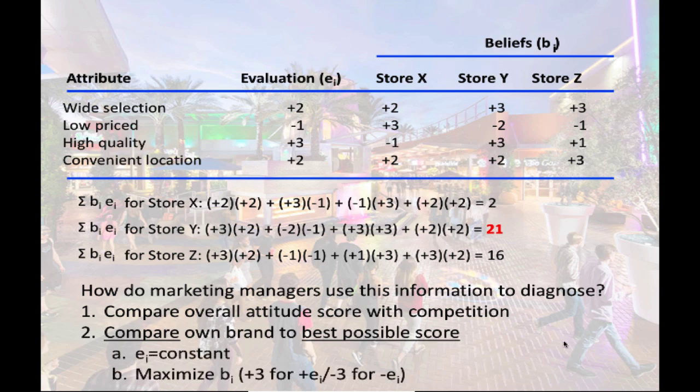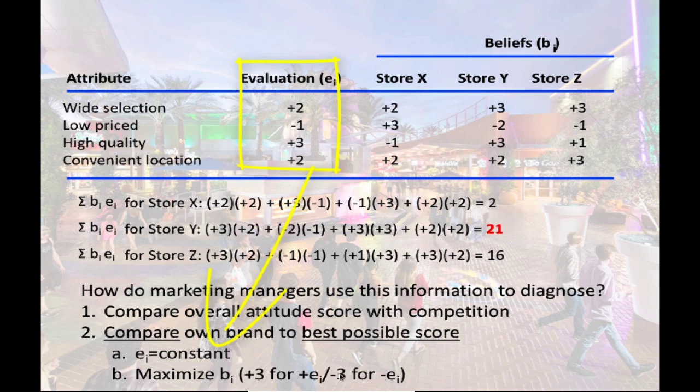In order to compute the best possible score, you keep the evaluation constant and you maximize the belief strength. So it would be a +3 for positively evaluated beliefs or a -3 for negatively evaluated beliefs.